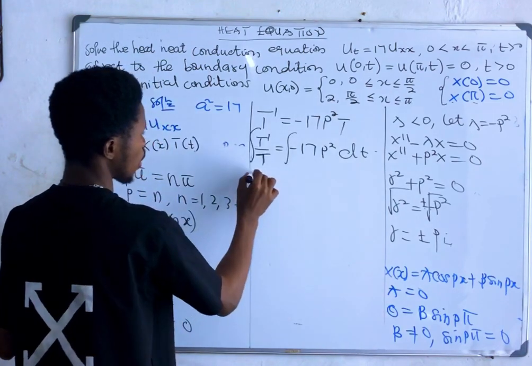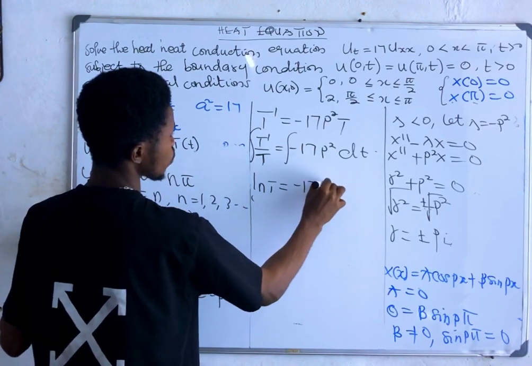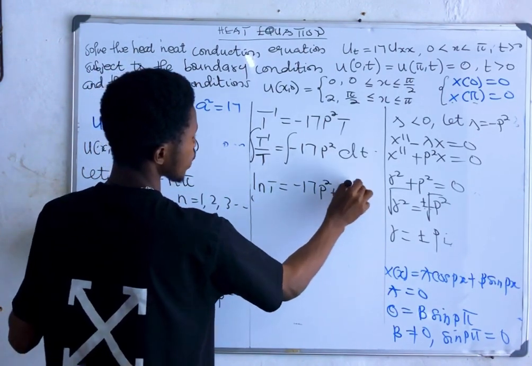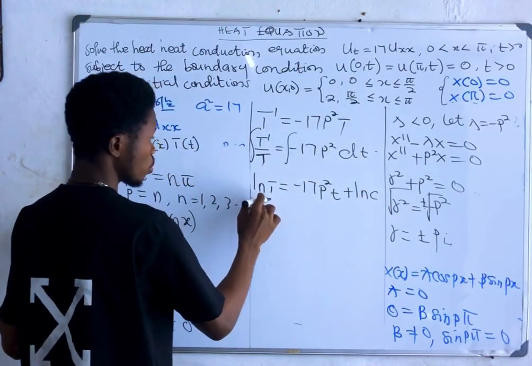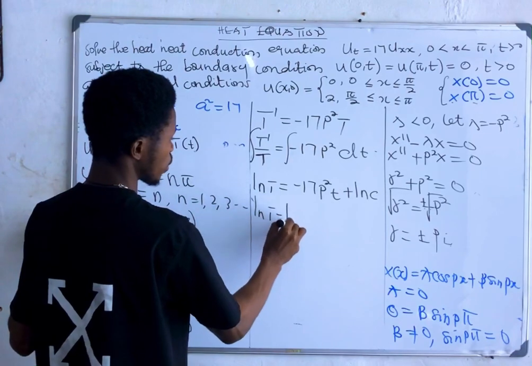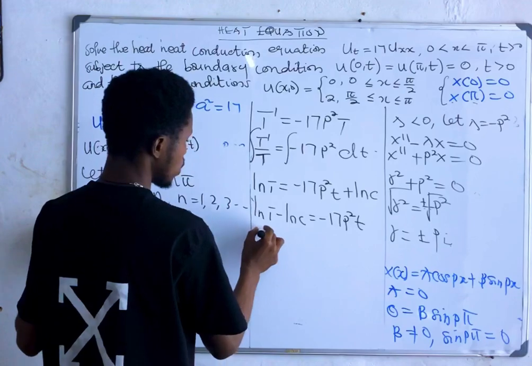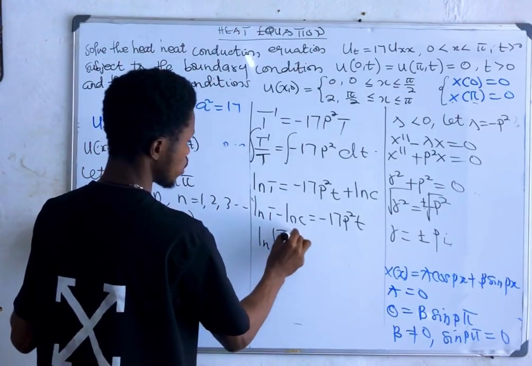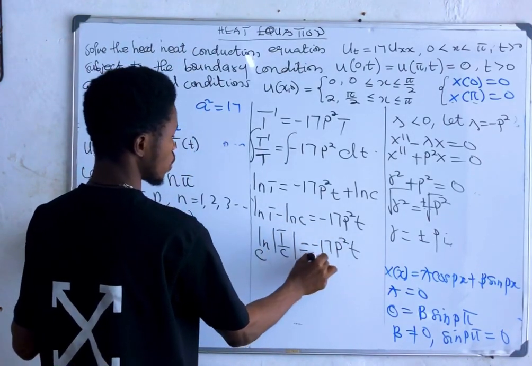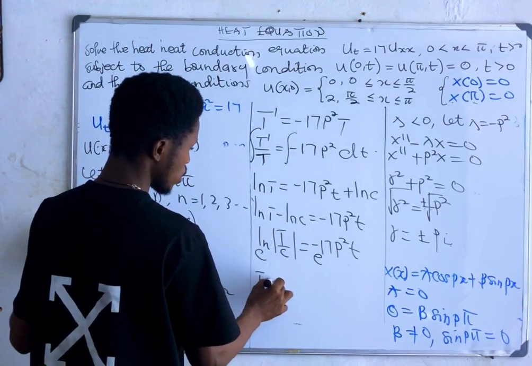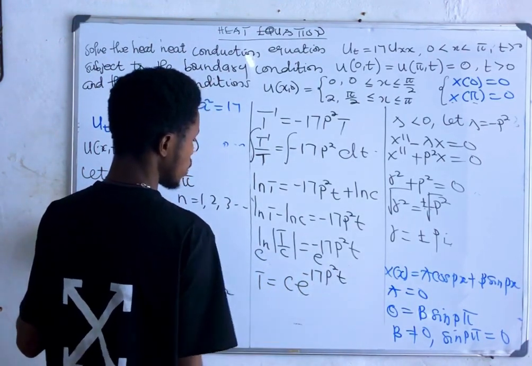I'm going to have ln t equals negative 17p squared t plus ln, let's say, c. So if I bring that here, I'm going to have ln t minus ln c equals negative 17p squared t. So my ln t over c was negative 17p squared t. You take e on both sides. That gives you t equals c e to the negative 17p squared t. Is that okay?